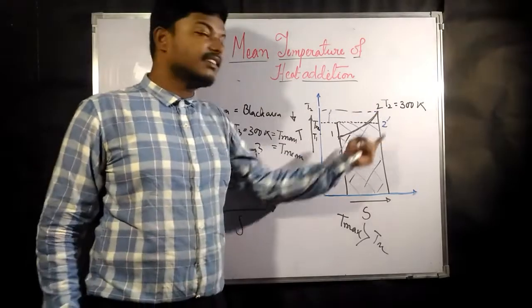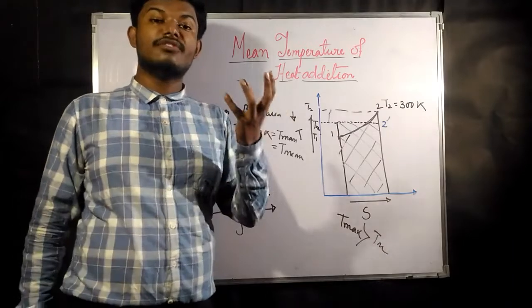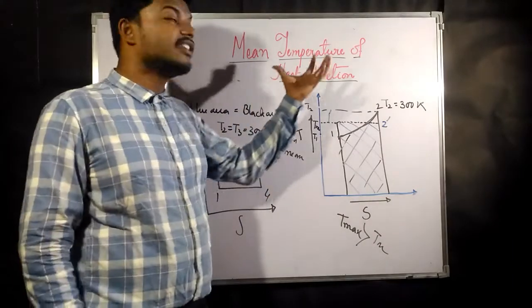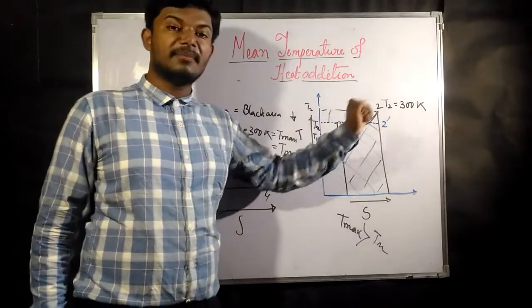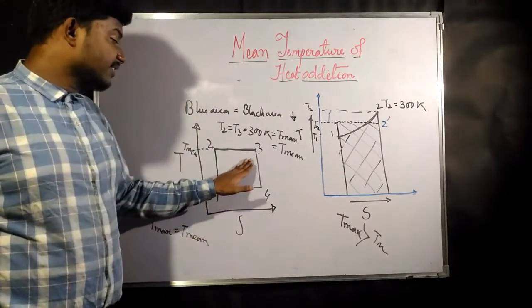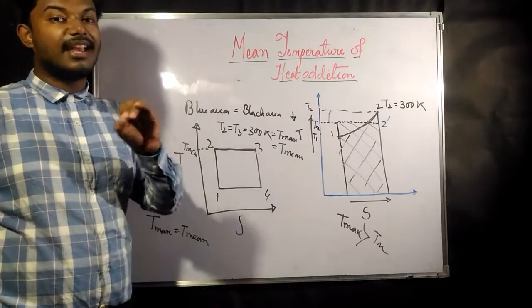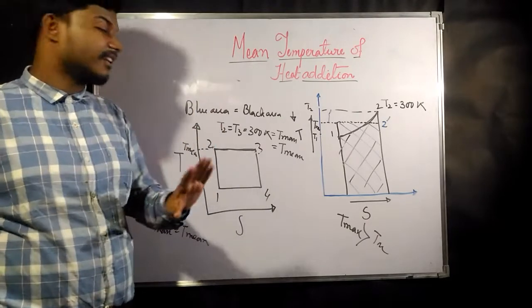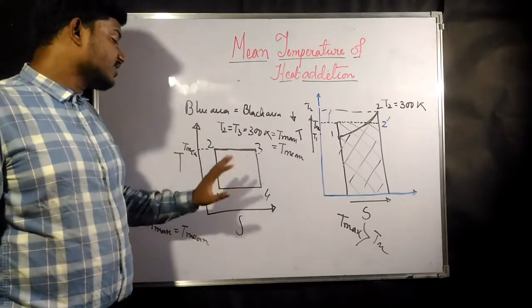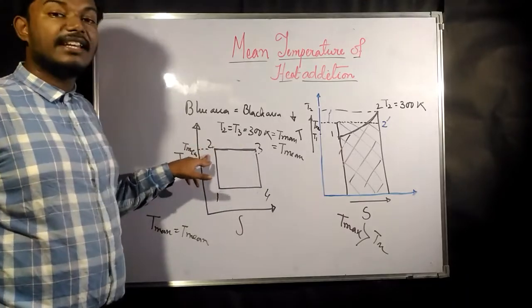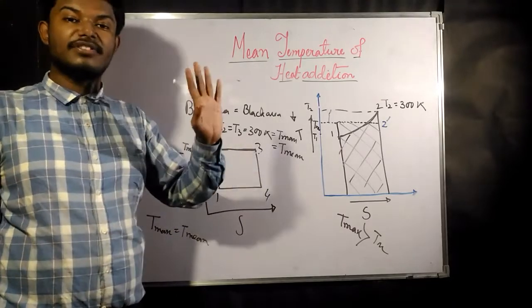But for any other cycle, the mean temperature of heat addition is going to come down below the maximum temperature. That is the reason why the Carnot cycle has the maximum efficiency compared to all other cycles, because it can give the maximum mean temperature of heat addition.